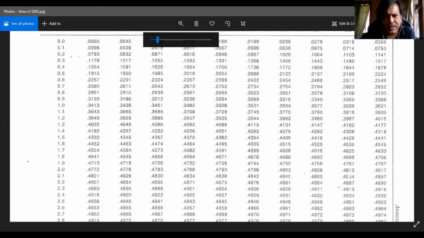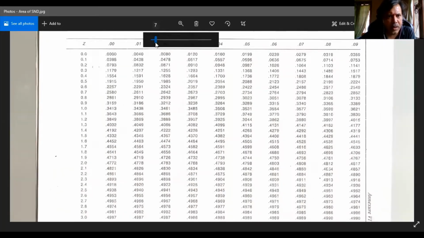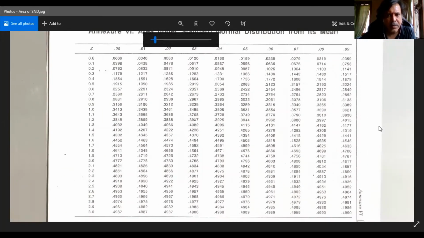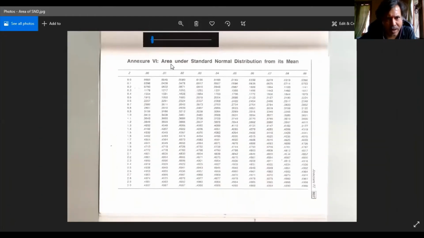0.3413. So this is the table I was talking about. This table is called the area under the standard normal distribution from its mean. Here the mean is 0 only. So from 0 to any value we can find from this table. So we already saw that for z equal to 1, the area or the probability will be 0.3413.